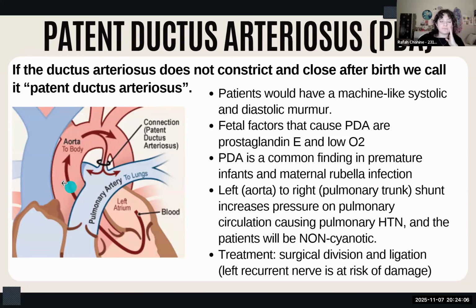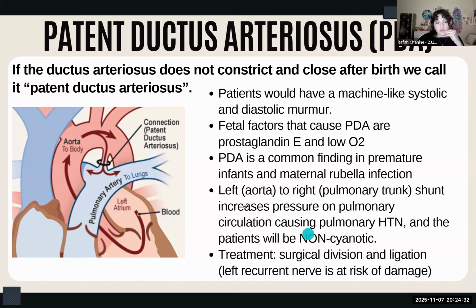What can they have experienced during fetal life to keep this patent ductus arteriosus? Increased prostaglandin E and low oxygen or hypoxic environments in the womb. And PDA is very common in premature infants, so those that are born before 37 weeks of pregnancy, or after a maternal rubella infection. Rubella is just bacteria.